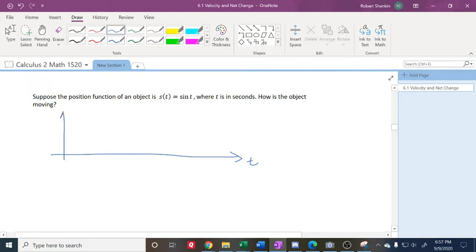The object is moving like this, and it keeps doing this over and over and over again. Group 2, do you agree or disagree?